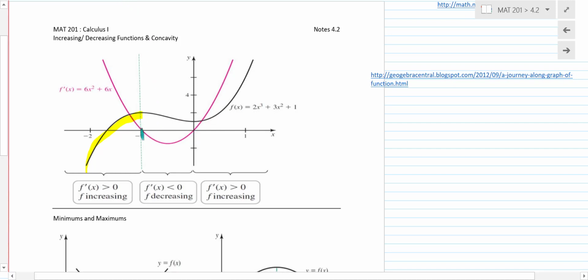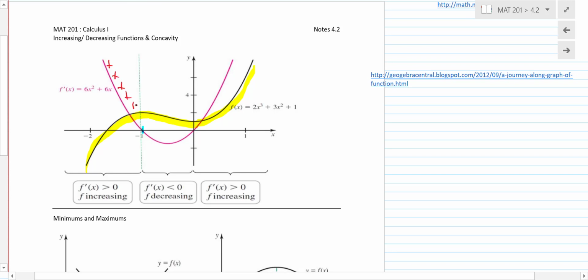Then what you have is the function is still decreasing, actually, until you get there, like that. So you're increasing, then you're going to start decreasing, so all the derivative values are negative. Then it's going to increase, so all the derivative values are positive. So this is what the sign chart does.